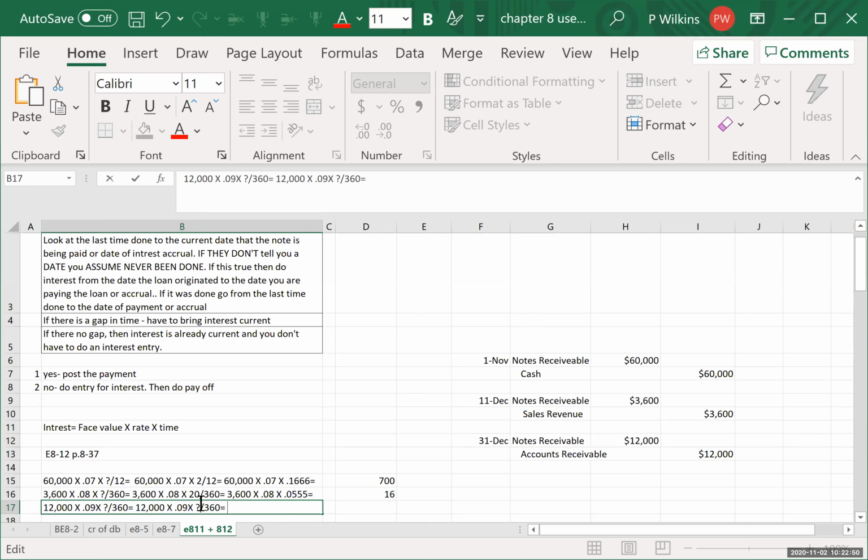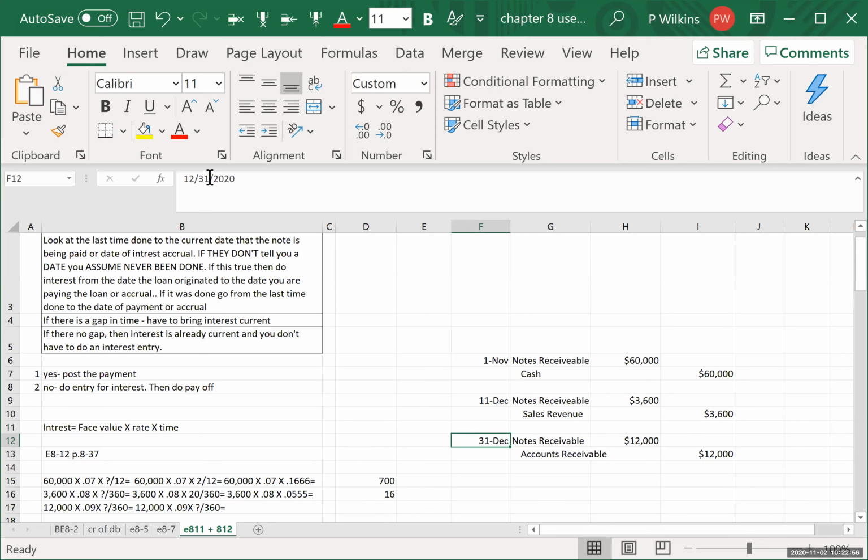Oh, I just noticed I did the date wrong over here. It's not December 31 that we did that loan, it's the 16th. Sorry, December 16th. So the 16th minus the 1st means that this loan has 15 days that we have to charge interest for.